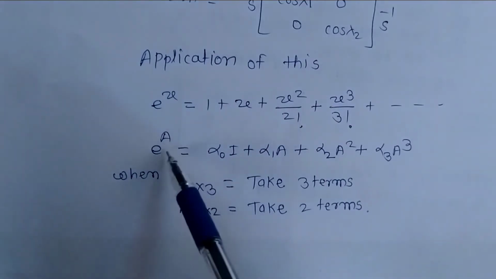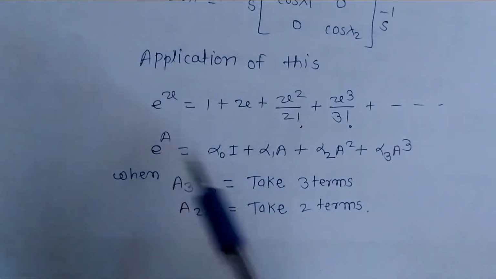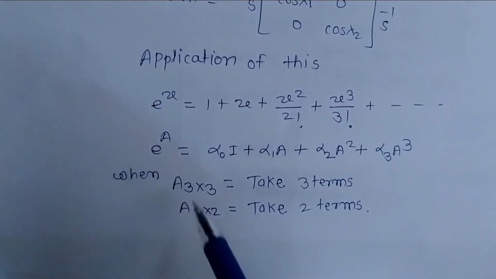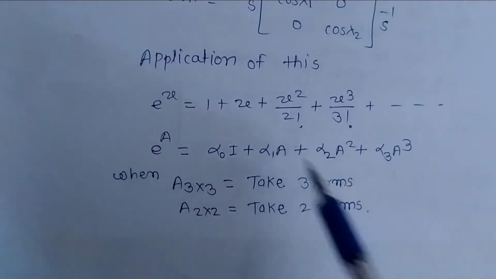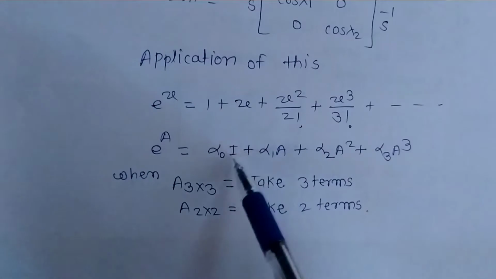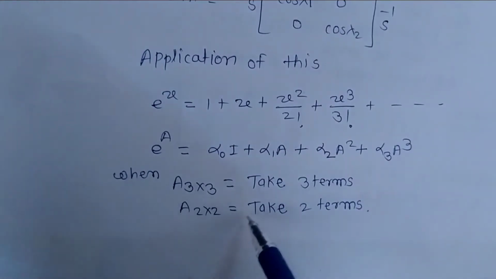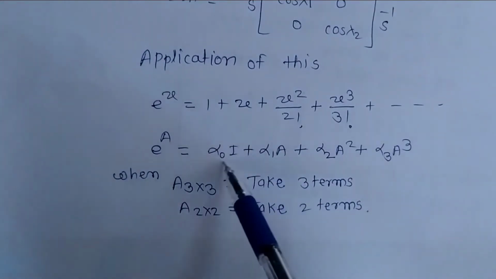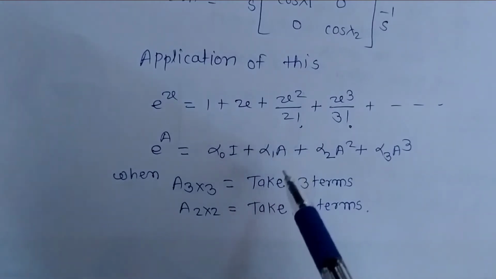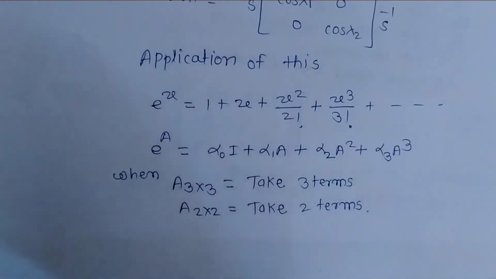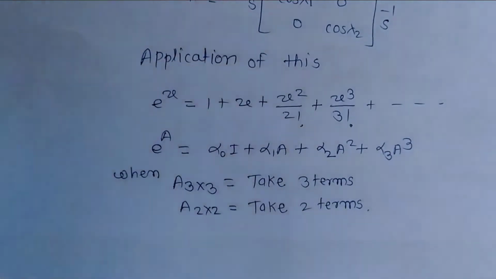This is the formula for finding e raised to A. When this matrix is 3 by 3, take 3 terms. And when this matrix is 2 by 2, then take 2 terms, that is alpha naught I plus alpha 1 A. So this is 2 terms for the 2 by 2 matrix.